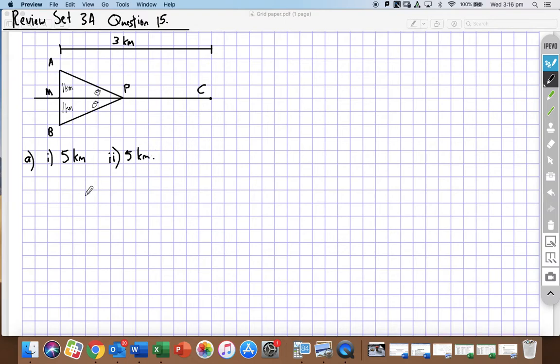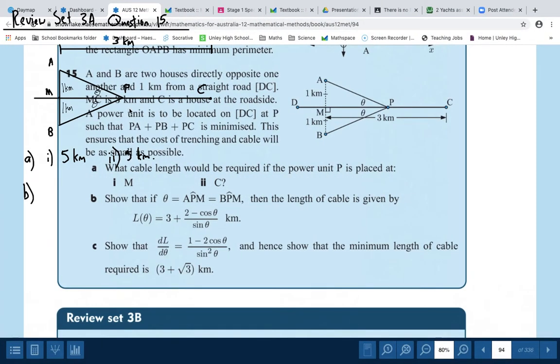Okay, part B. I'm imagining that we're going to need an equation for length, but we'll just check the question. What is the length of the cable? They're saying it's 3 plus 2 minus cos theta divided by sine theta. Okay.